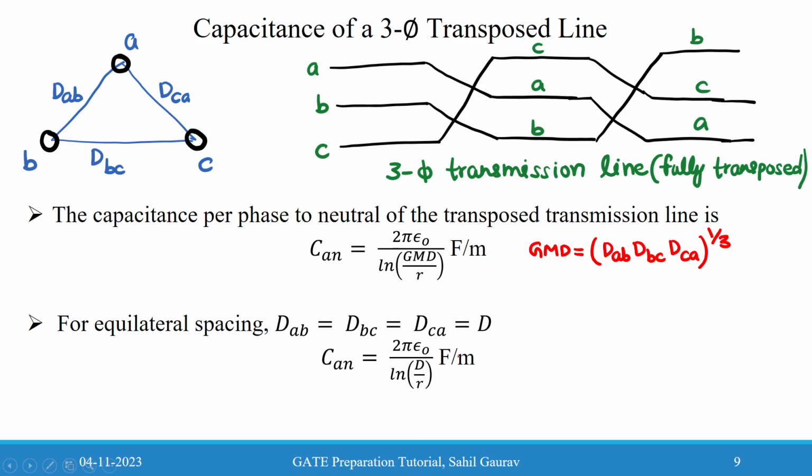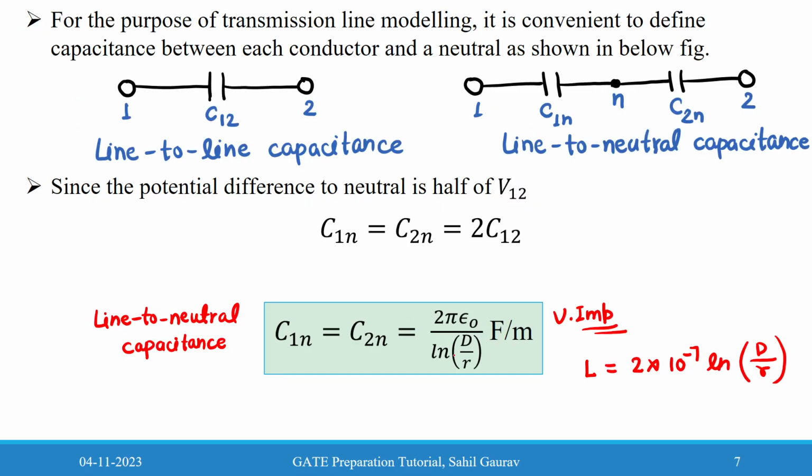One more important thing we have noticed in capacitance calculation is that we are not using R dash. But in inductance calculation we use R dash, that is the self GMD or GMR of the conductor.